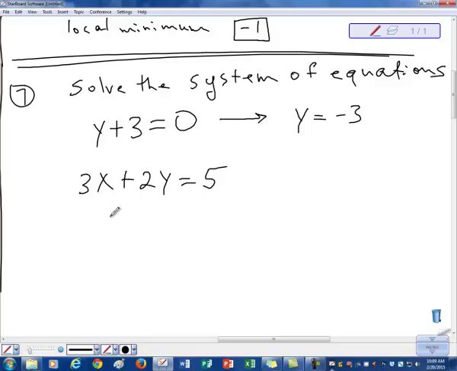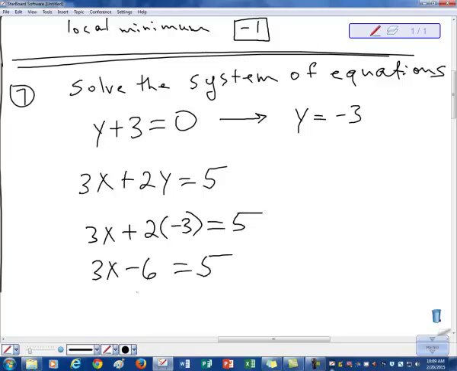So that would be 3x plus 2 times negative 3, and that'd be 3x minus 6 equals 5. So we would solve for x, and so we would add 6, and we get 3x equals 11.